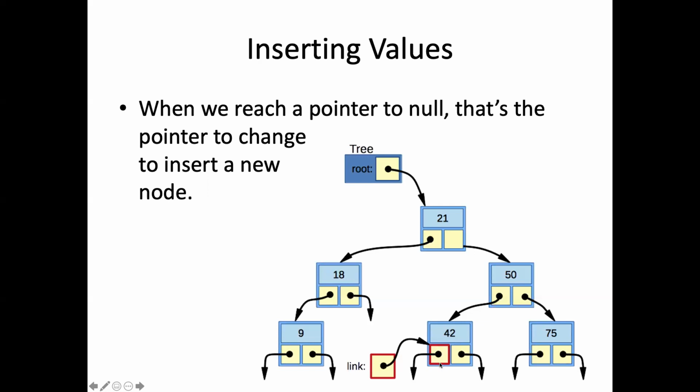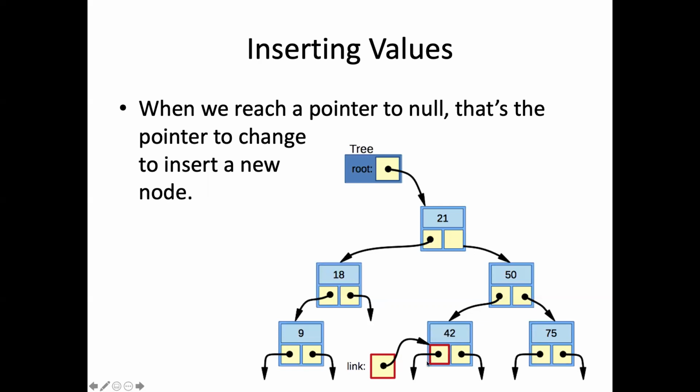And now we're just about done because we found a null pointer. We kind of hit a leaf of the tree. 42 has no left child. It's a null pointer. And we've got the address of the pointer we need to change to graft on a new node. So all we have to do is malloc space for a new node that has a 30 in it.